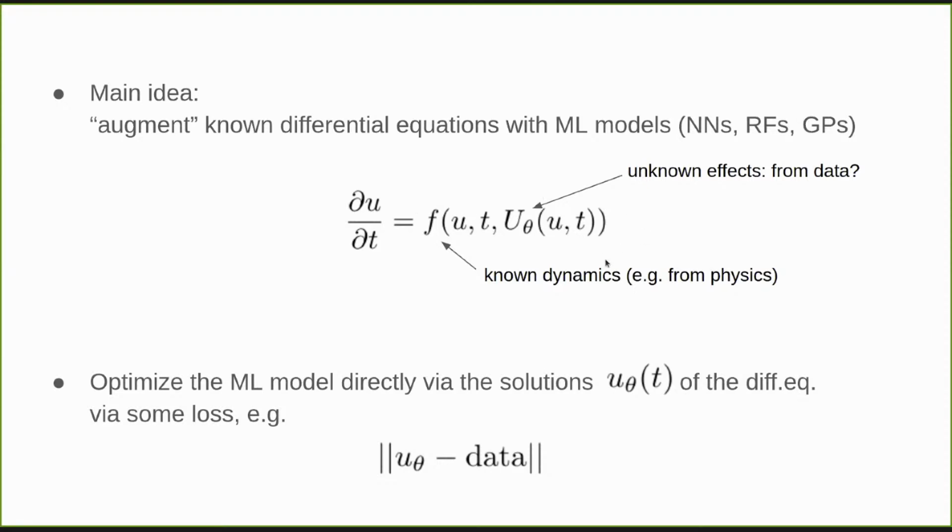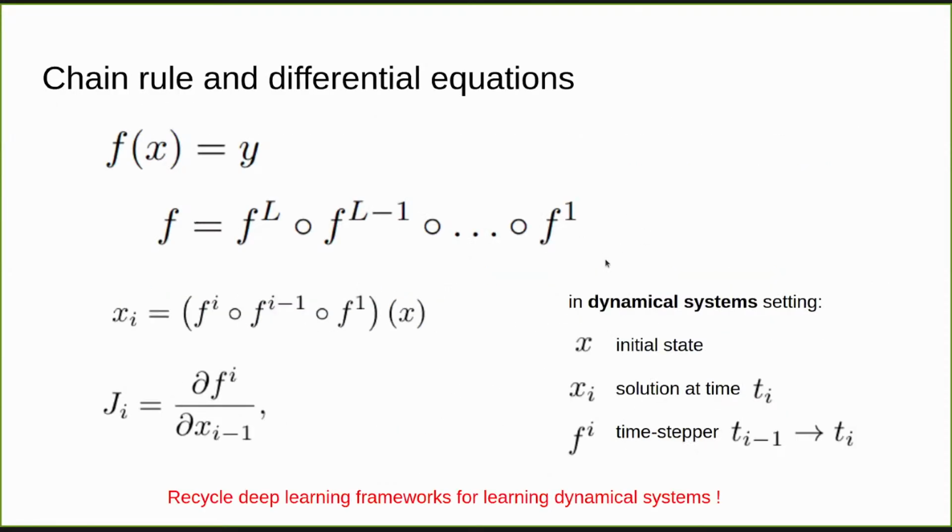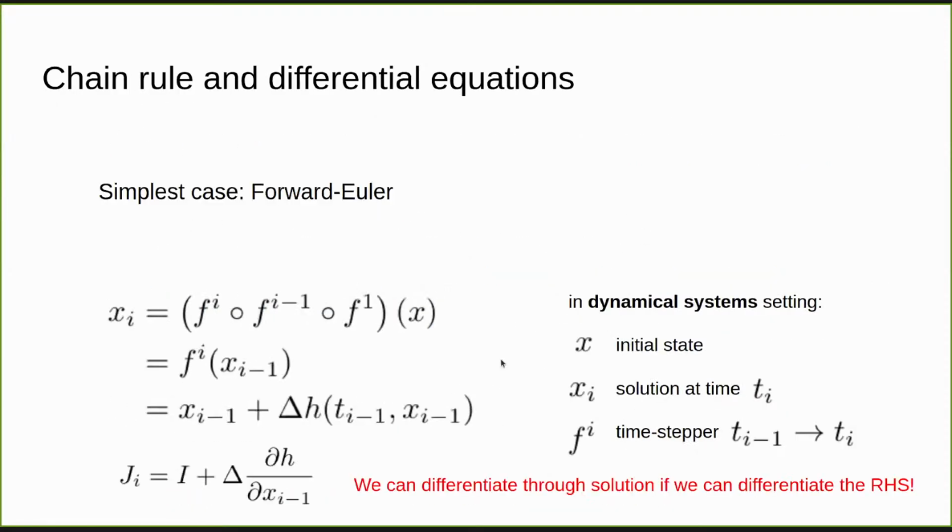So we do know the full Jacobian for this. So for the simple case of forward Euler, differentiating any point of the solution with respect to any other point of the solution is already given if we can just differentiate the right-hand side. Given how simple forward Euler is, this is actually not so surprising.